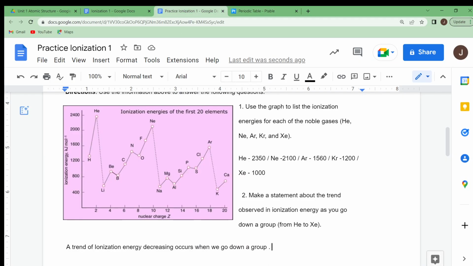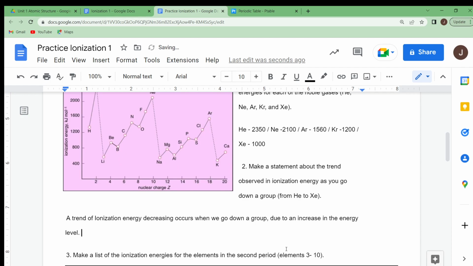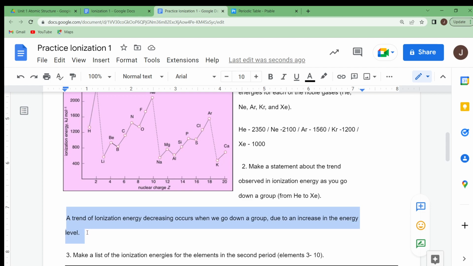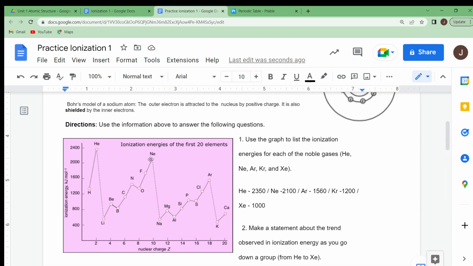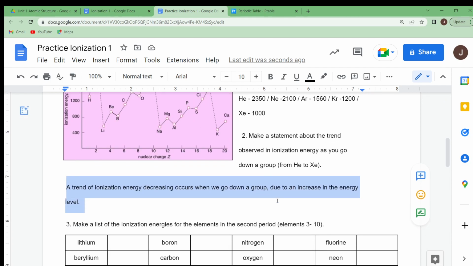So we would write that ionization energy decreases when we go down a group, due to an increase in the energy level. And that would be all that we really need to indicate here: that we have an increase in our energy level from the periodic table, and we have a decrease in our ionization energy.